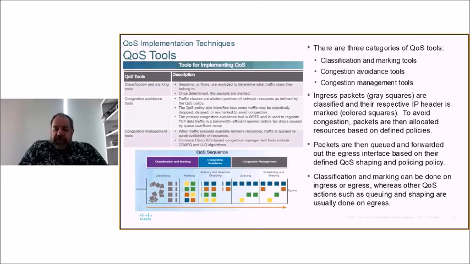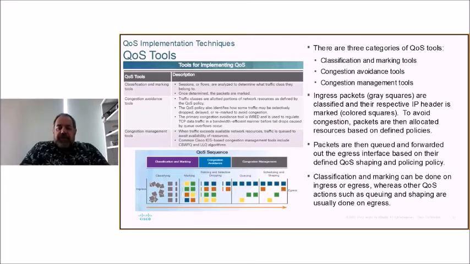So what tools are there? Again, we've spoken about classifying, marking, congestion avoidance, congestion management. Ingress packets. So in this diagram, the grey squares are classified and the respective IP header is marked into the coloured squares. To avoid congestion, packets are then allocated resources based on those defined policies.